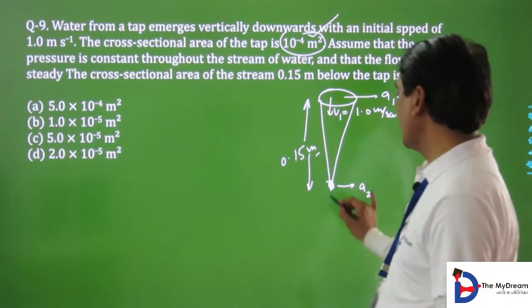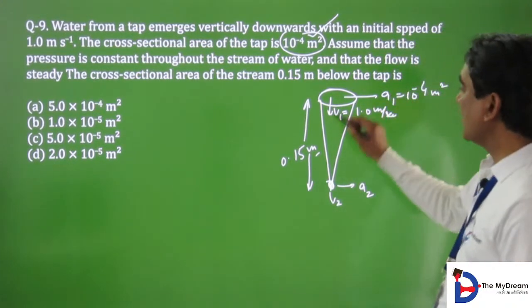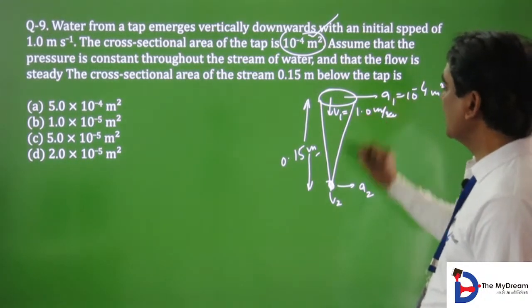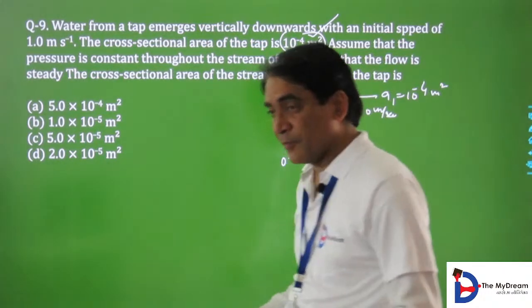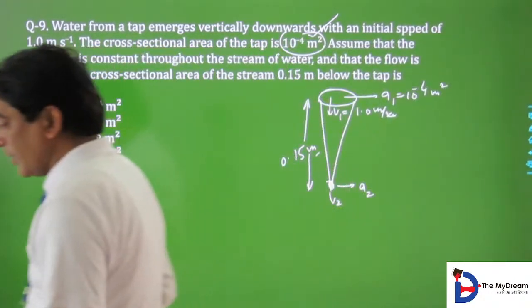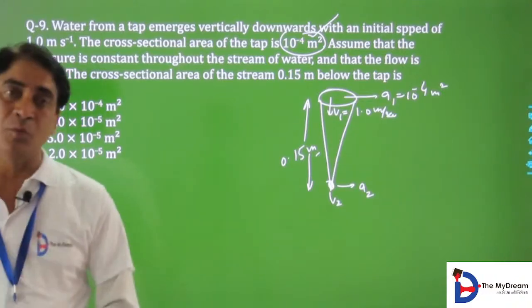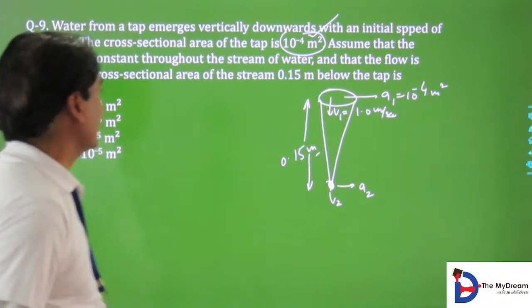And what will be the velocity at this part? Because by following the equation of continuity, A1 V1 is equal to A2 V2. The rate of flow of the liquid remains constant. And one another thing is also given to you, that is the pressure remains the same in this question.